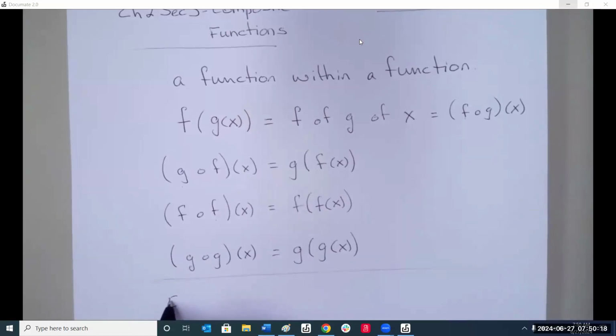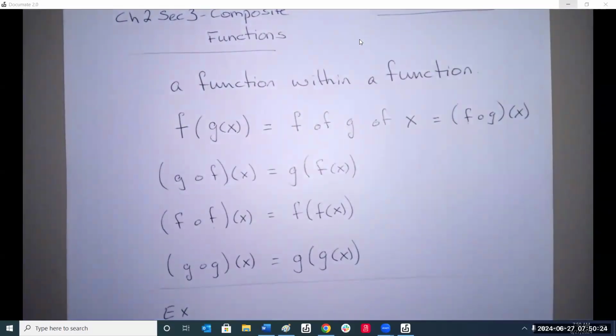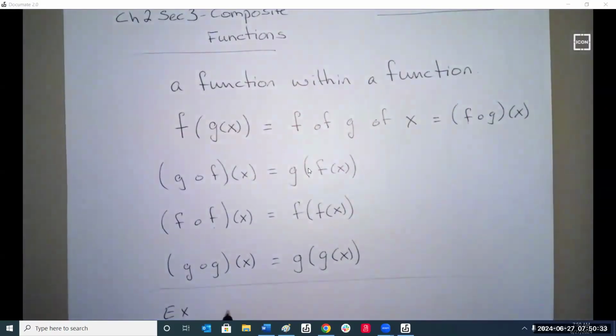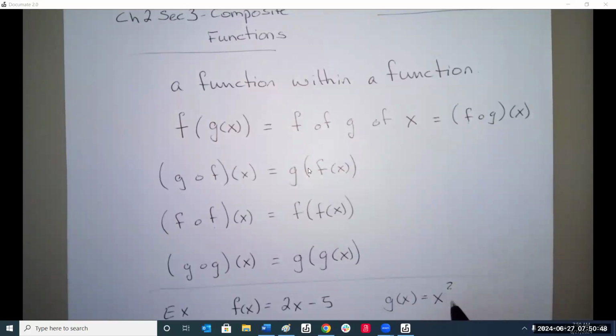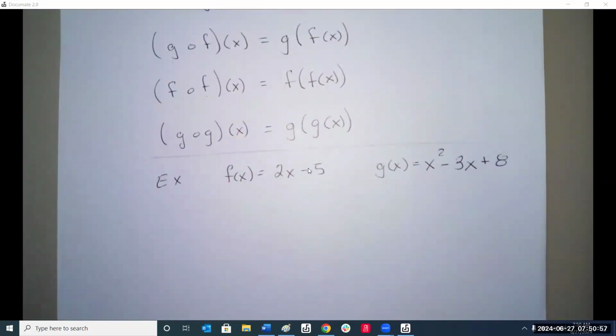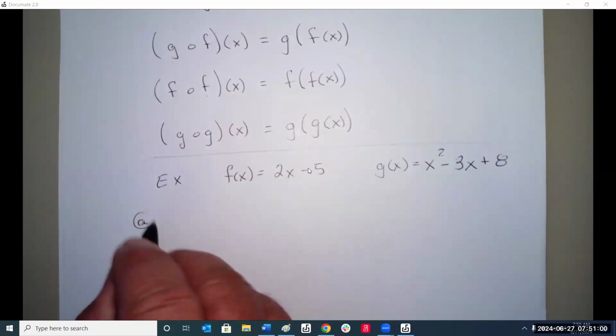All right, let's look at example 1. Example 1 is asking us, given that f of x is equal to 2x minus 5 and g of x equals x squared minus 3x plus 8, let's find these.